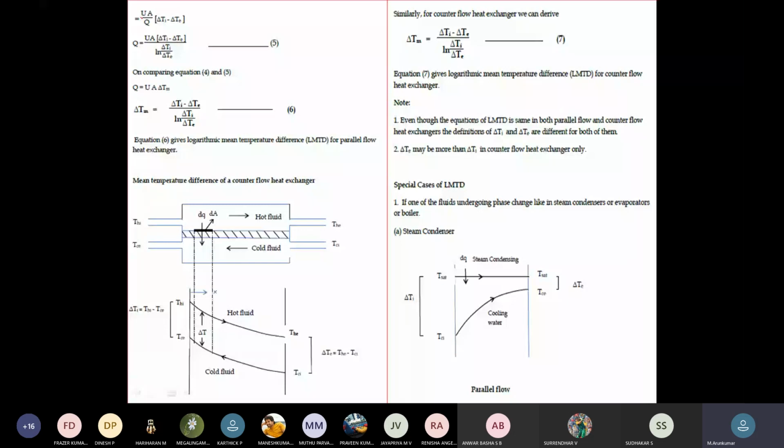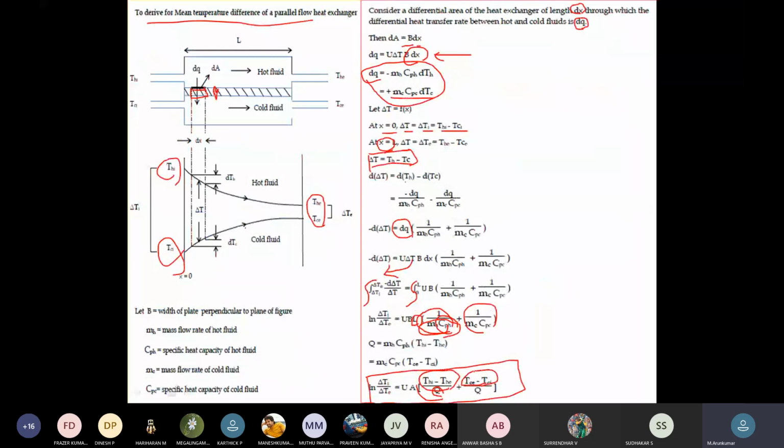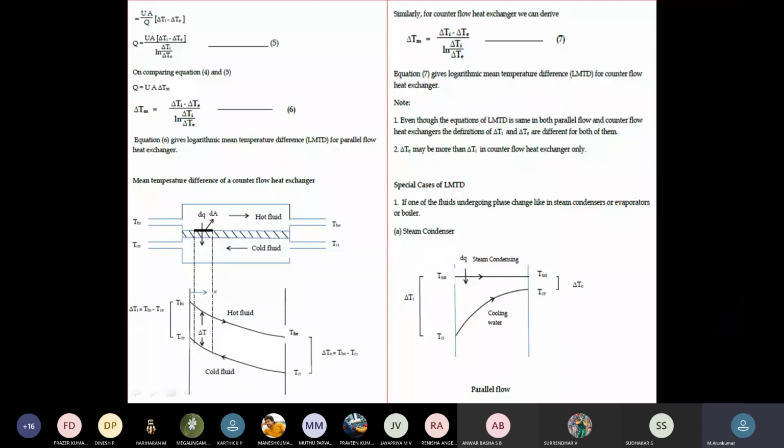Then we can reduce this. Here U is common, Q is common, so this is a general term; just remember that. Then we can take it outside, so we have UA by Q into the change in temperature at the inlet minus the change in temperature at the exit.